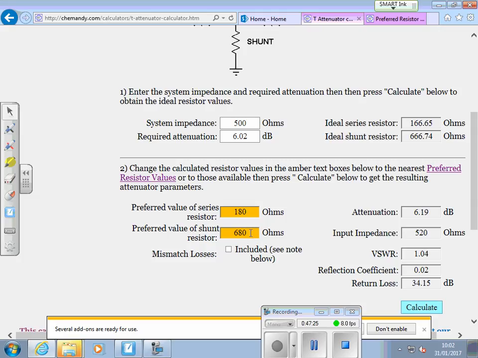And was it 560? Even more attenuation, but only 13 ohms out on impedance, and then the last combination in there, we're 50 ohms out on impedance.